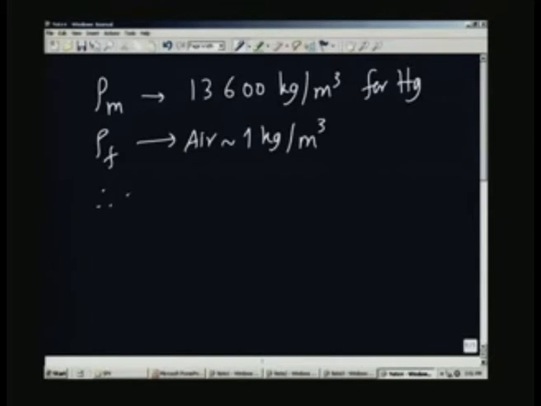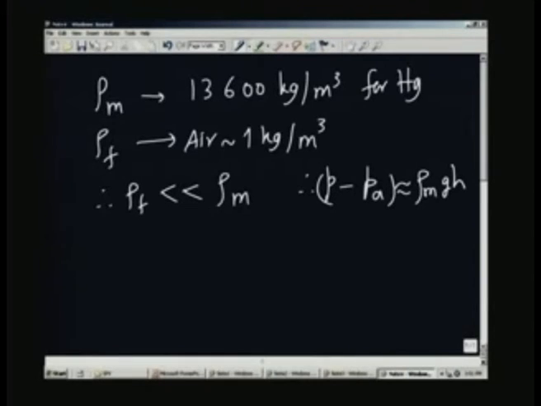Therefore, rho f is very small compared to rho m, and therefore, P minus P A I can approximate as rho m G H. Suppose I am measuring in water, rho f for water, it is about 1000 kg per meter cube.